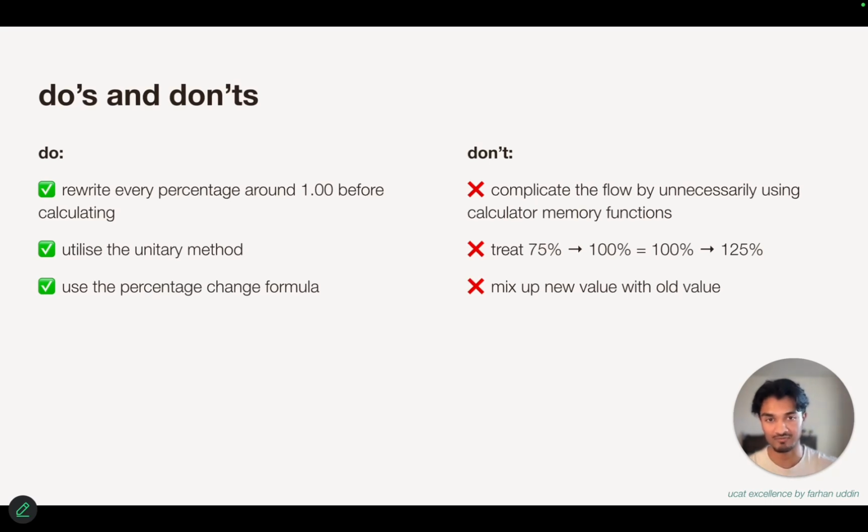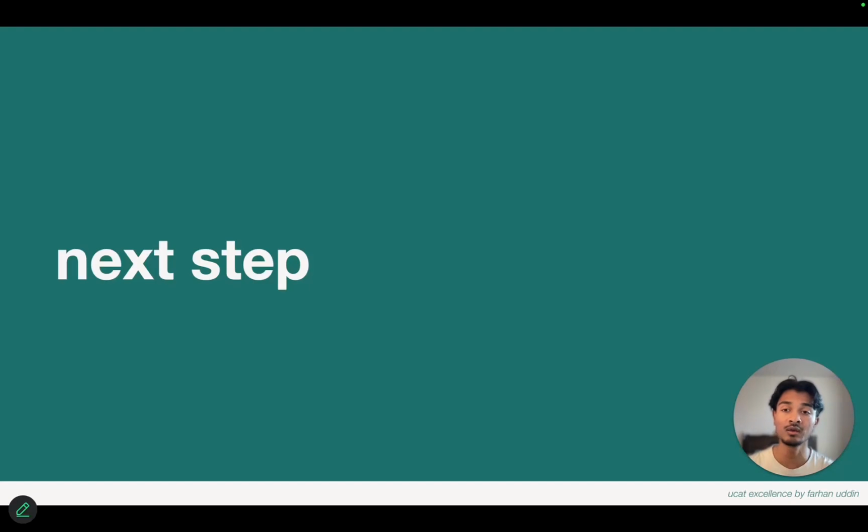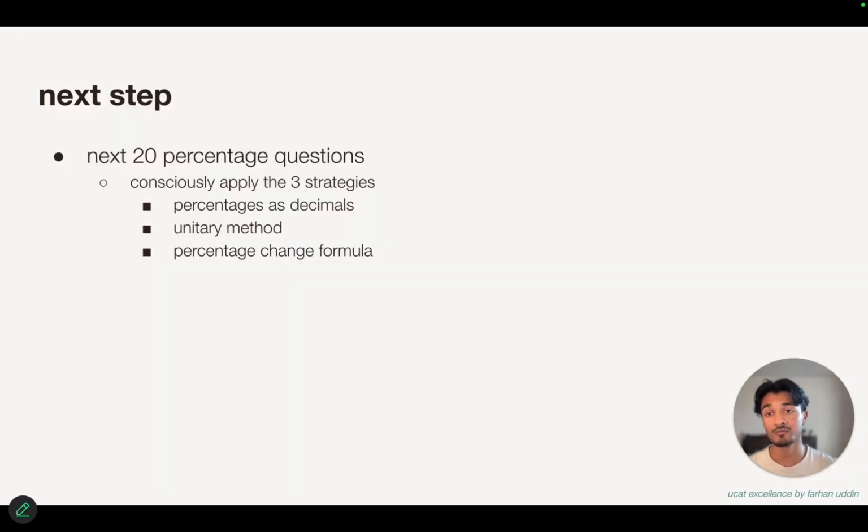Don't treat 75% to 100% as the same as 100% to 125%. And don't mix up the new and old values, a really silly place to lose marks. So here are your next steps. For your next 20 percentage questions that you do, I want you to consciously apply the three strategies: percentages as decimals, the unitary method, and percentage change formula, and see how much faster you get and how much more accurate you get.